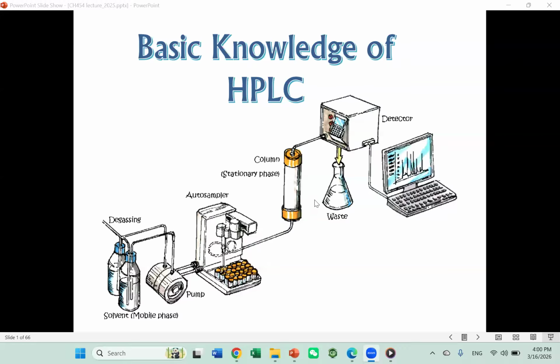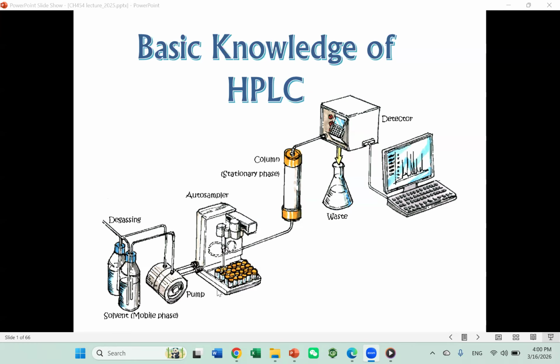All right, so the first section is HPLC. Here is a very simple scheme of your HPLC setup. You can see the mobile phase, and a pump pushes the solvent into the autosampler.